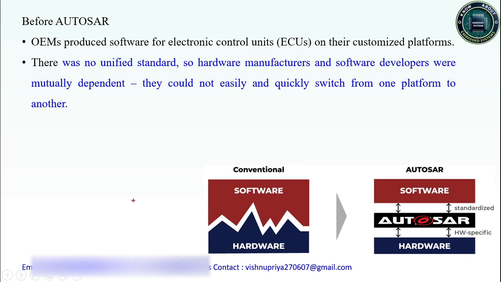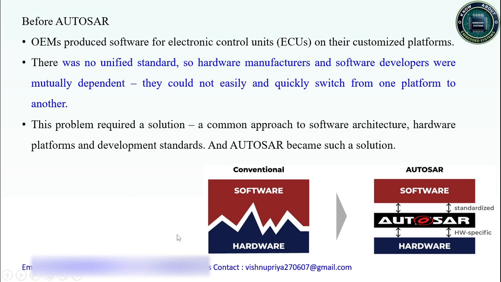So in order to solve this problem, AUTOSAR came into the picture. When AUTOSAR was introduced, the problem the automotive industry was facing was resolved by using AUTOSAR. Now if you see the second diagram here, we have software and we have hardware. In between we have the AUTOSAR architecture.